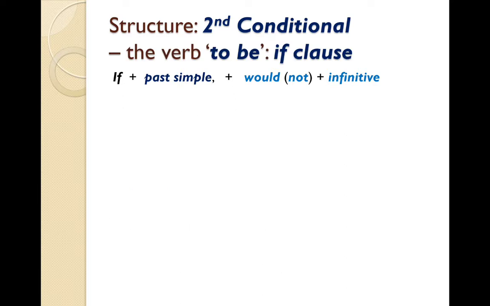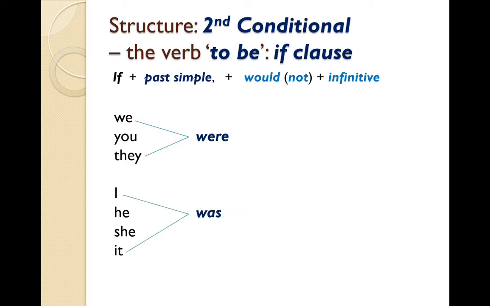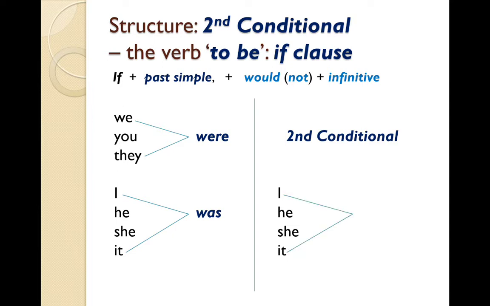Now, the verb to be in the second conditional. Normally, we would say we, you, or they were. I, he, she, or it was. Now, in the second conditional, for I, he, she, and it, we can also use were, and it's more formal.